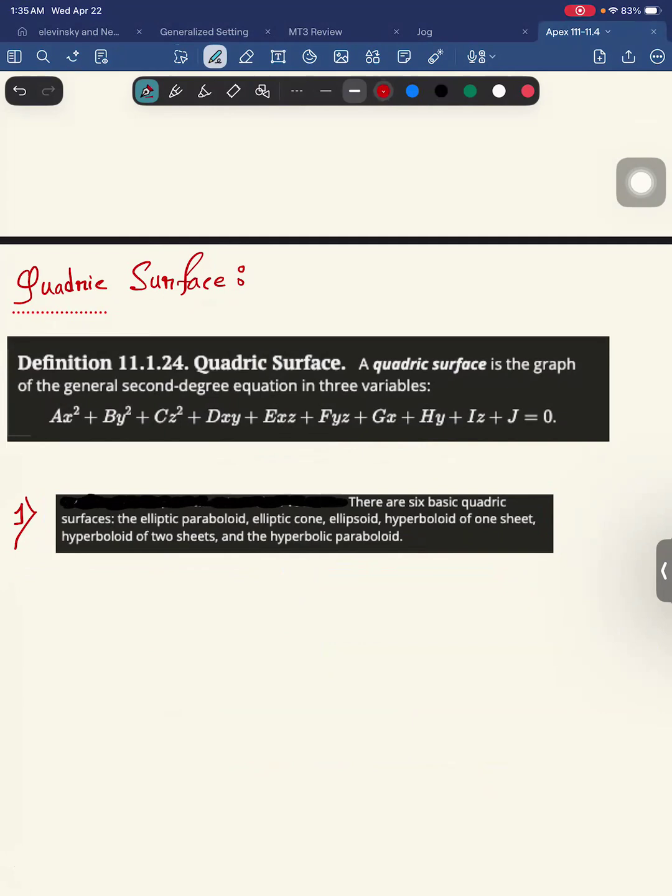Which are also described. So what is the elliptic paraboloid? Actually, instead of writing it down, let me just show it. Actually, I can write it down. Never mind. So the elliptic paraboloid has the following equation.